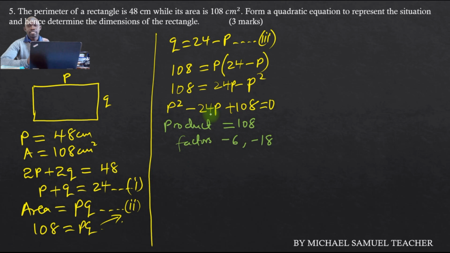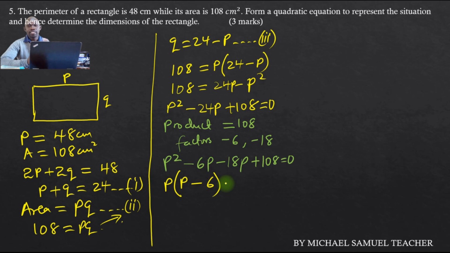So we write the middle part in expanded form, that is p squared minus 6p minus 18p plus 108 is equal to 0. Take into pairs: p squared divided by p is p, minus 6p divided by p is 6.